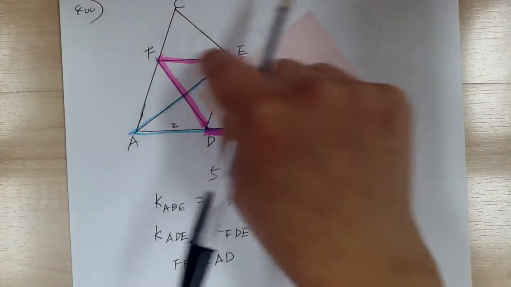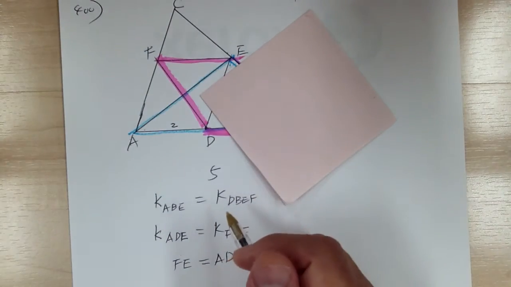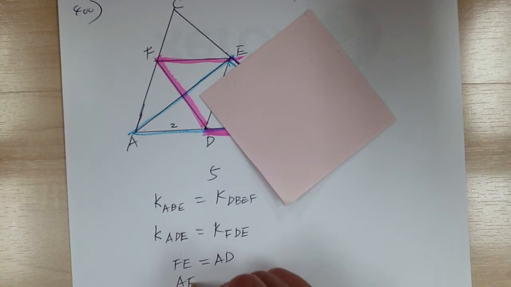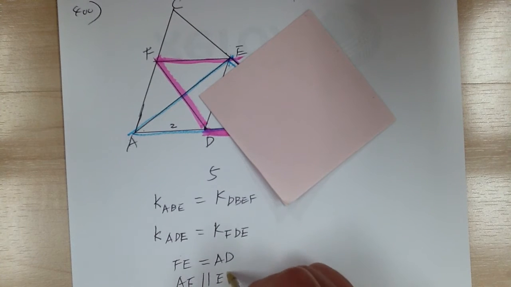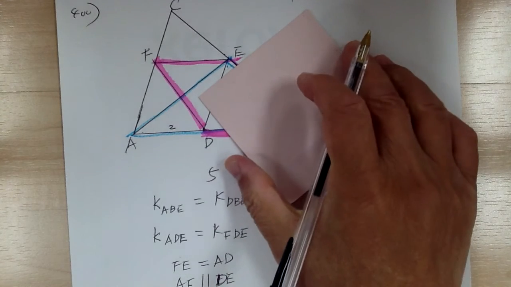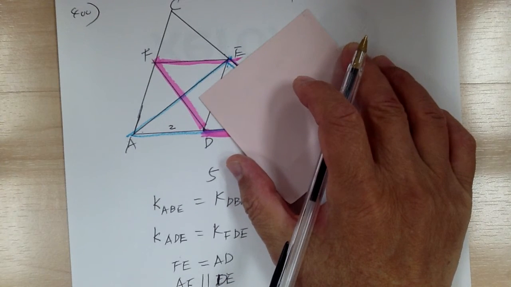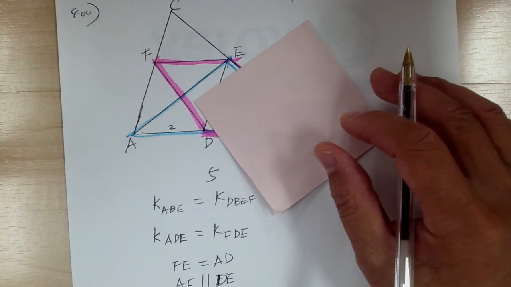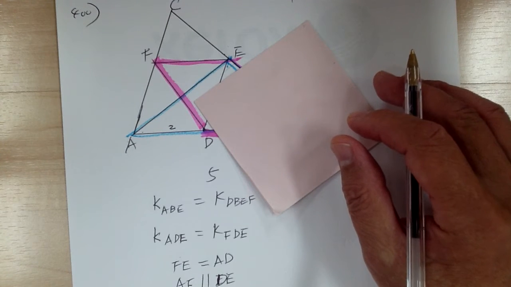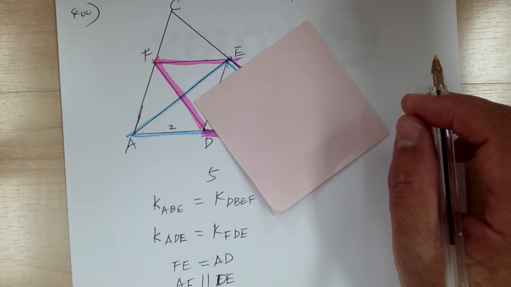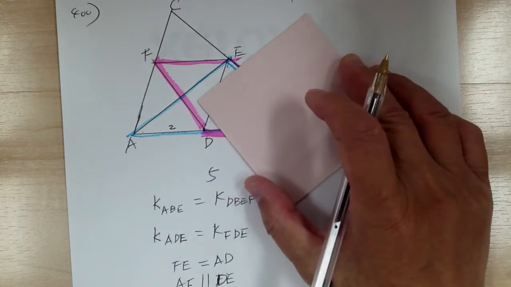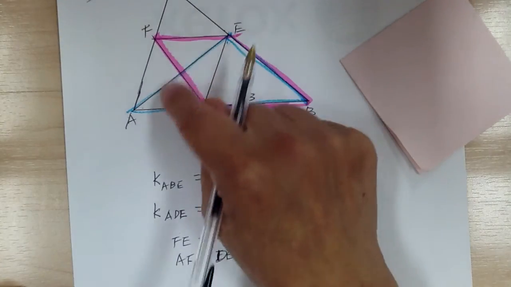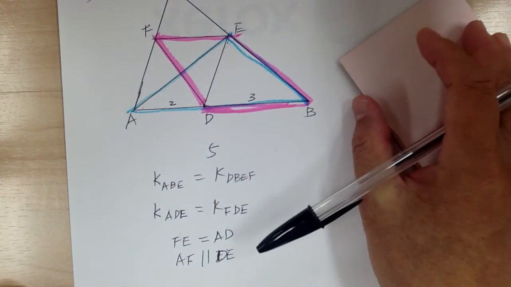Okay, so FE equal to AD and AF is parallel to DE. Anyway, these two are congruent triangles, and therefore everything's all parallel.